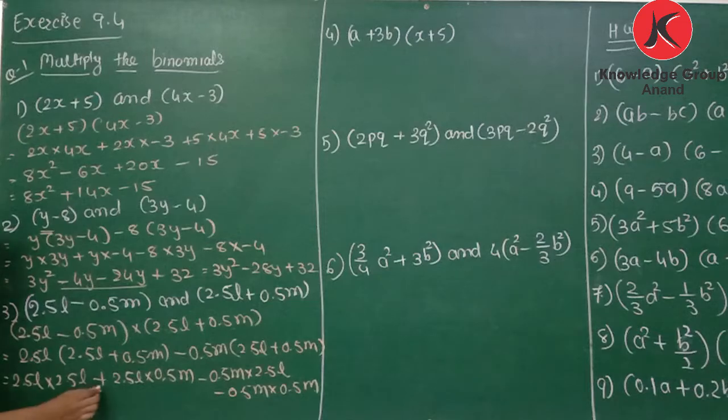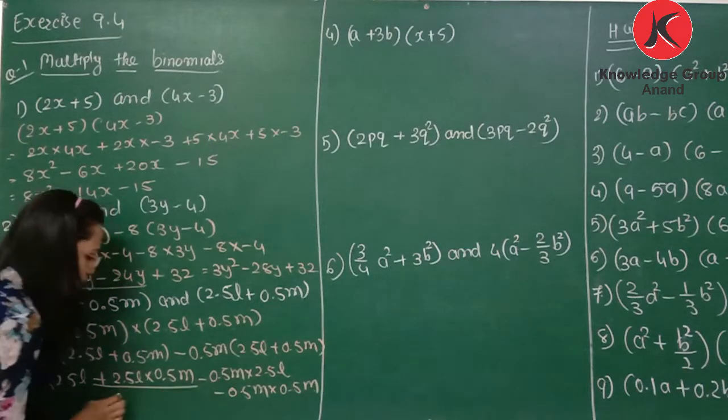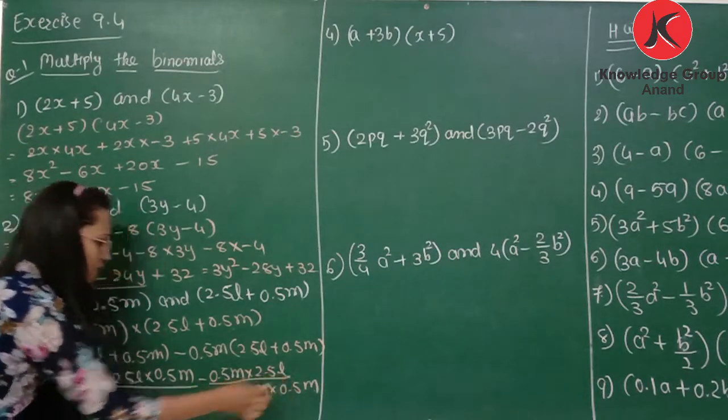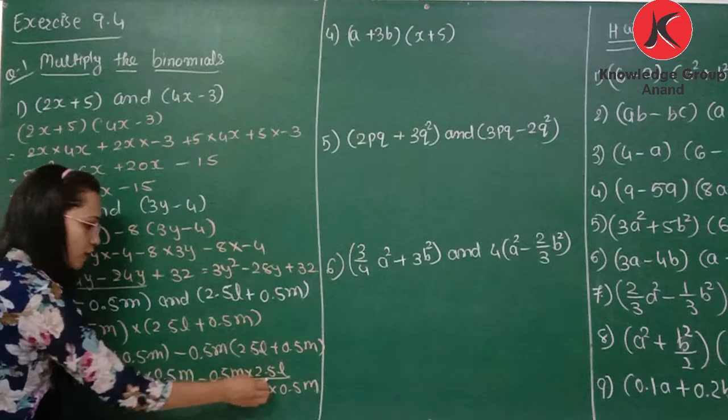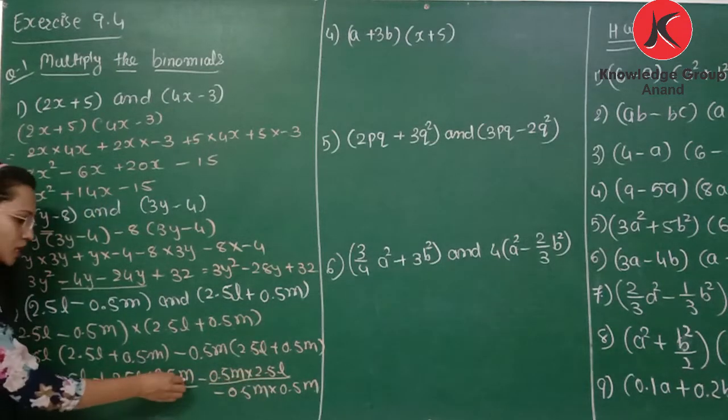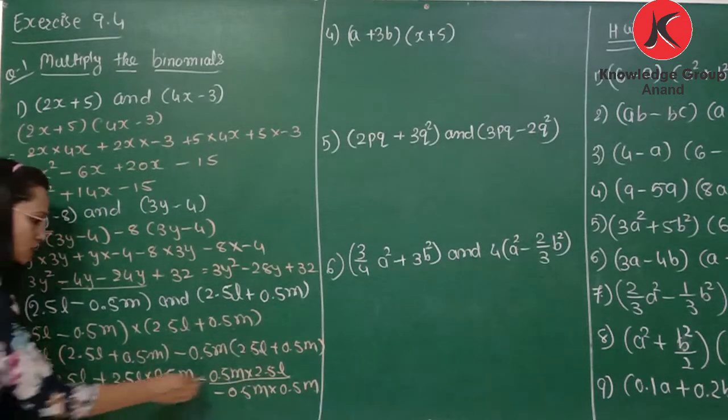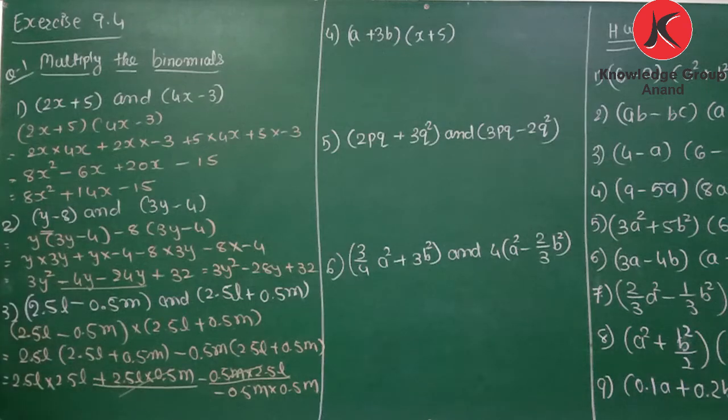Okay, now you can see this is multiplication with the positive sign and this is multiplication with the negative sign. So whatever answer we get, 0.5 multiplied by 2.5 LM, but one has the negative sign and the other the positive sign, so it will be cancelled out. Okay.